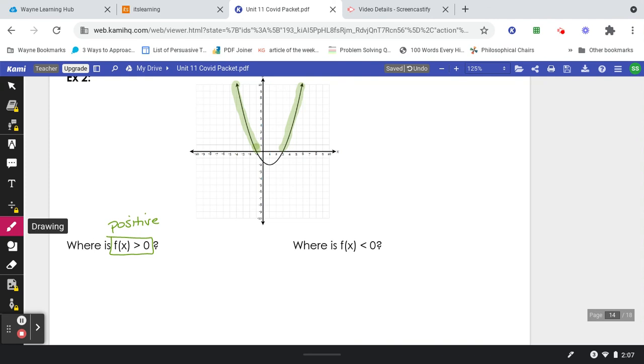So as we write that, it would be from the left arrow, so negative infinity, same symbols we always use, all the way until negative 1. Then we start again at 3, all the way until, and again, you've got that arrow, which means positive infinity. Anything to the right is positive infinity. To the left would be your negative infinity.